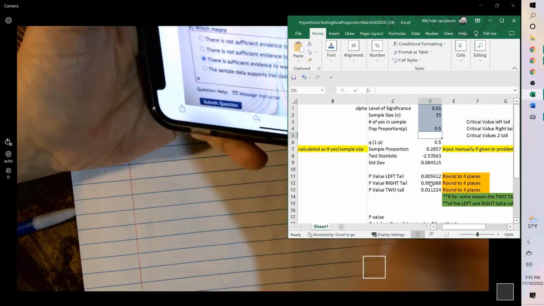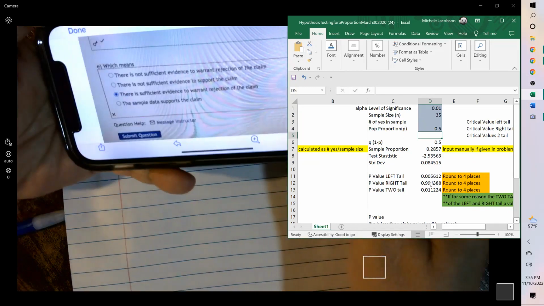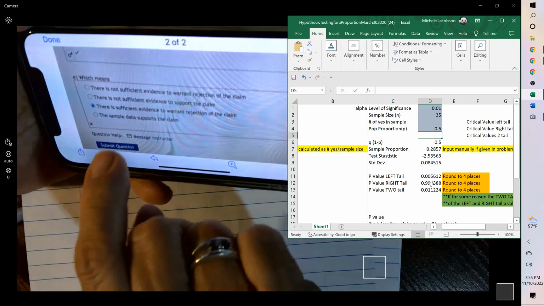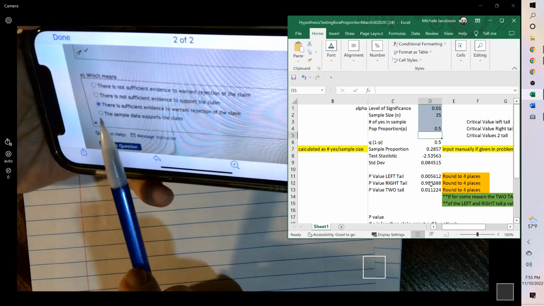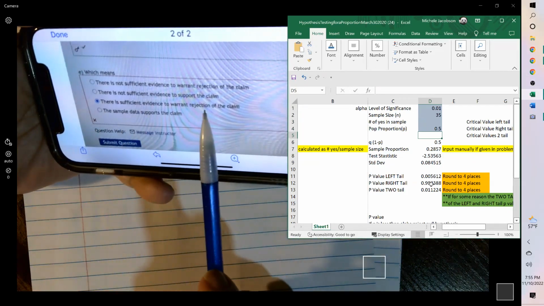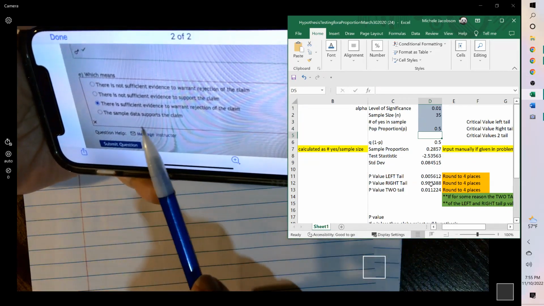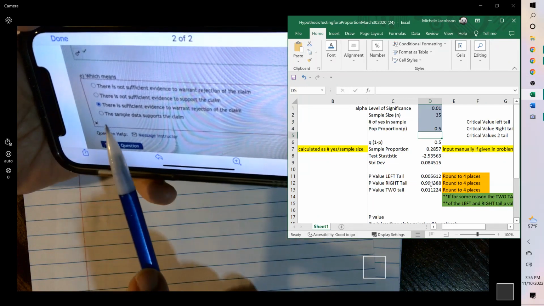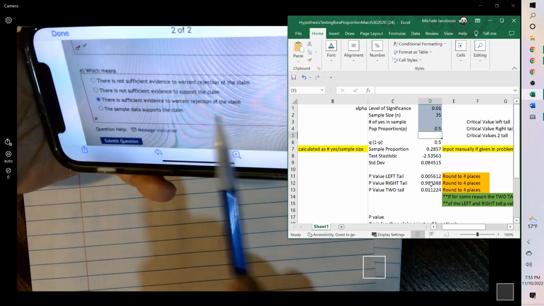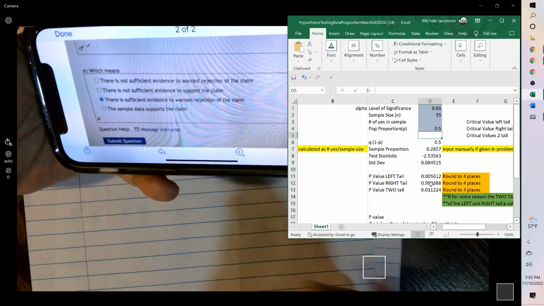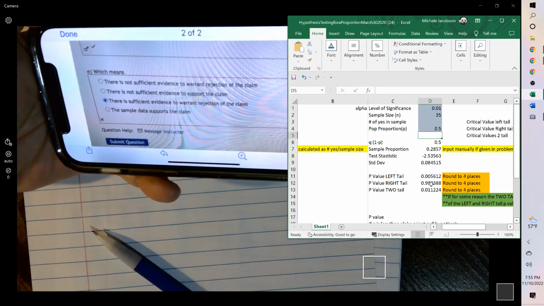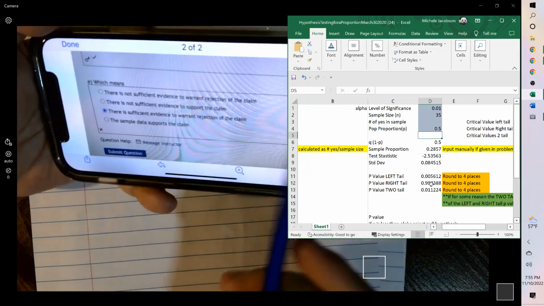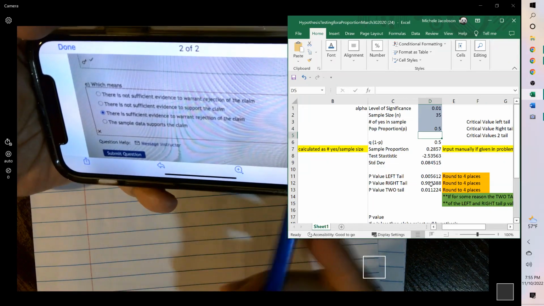So the first two would definitely be wrong because there was enough evidence. Now, there is sufficient evidence to warrant the rejection, which I agree. It says the sample data supports the claim. So I would accept either one of those, because when you write your conclusion, you're supposed to say we reject the null hypothesis.